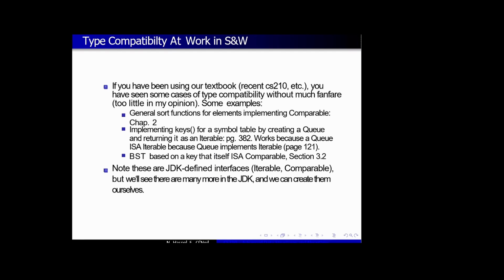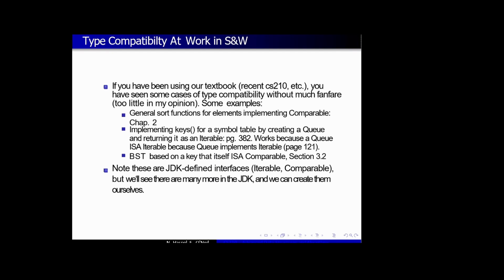Keys is one of the methods of symbol table, and in this case, the way that the concrete class answers keys, makes up something to respond to the keys request, is it creates a queue and passes it back. Here it is. Here's the queue.